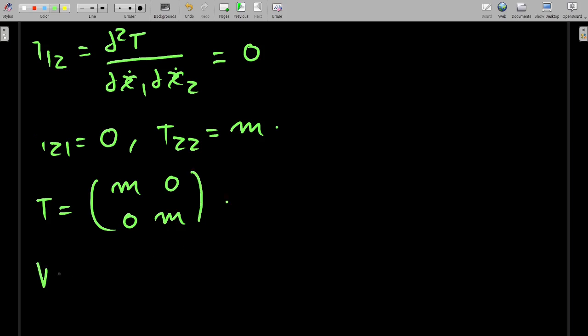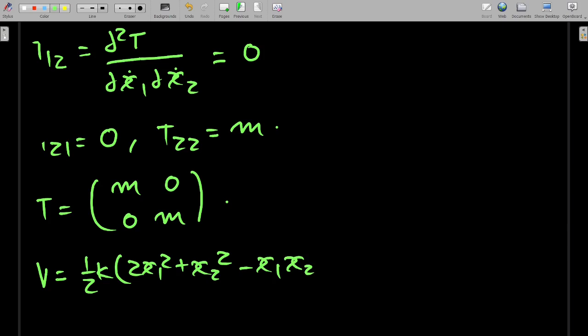Our potential energy is V equal to half K into (2x1 square plus x2 square minus x1 x2 minus x2 x1).